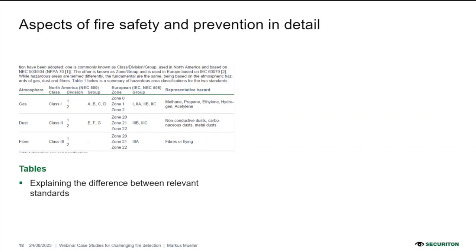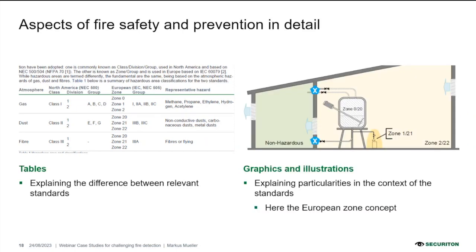A case study also features large graphics and illustrations here explaining the particularities of standards. In this case here, we explain graphically the zone concept that we find according to the European standards.